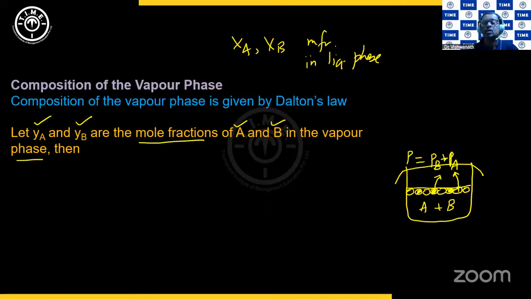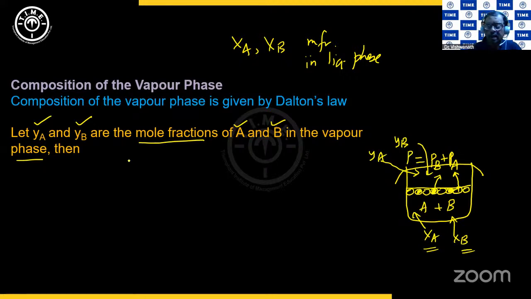Clear? So we want to find out what is the vapor phase mole fraction. What is the mole fraction of A in the vapor? What is the mole fraction of B in the vapor? Right? You know that here they are XA and XB. Clear? So the mole fractions in the liquids are XA and XB, whereas mole fractions in the gas are YA and YB.